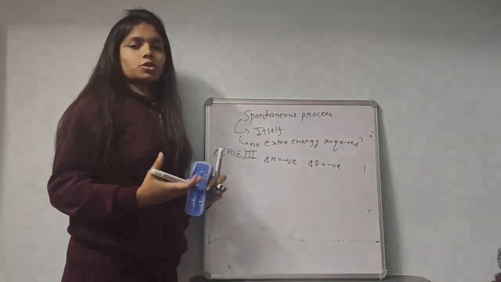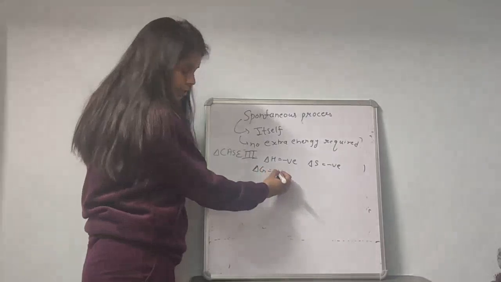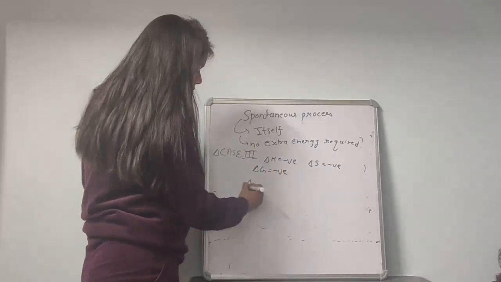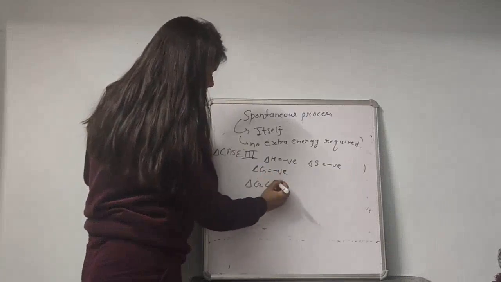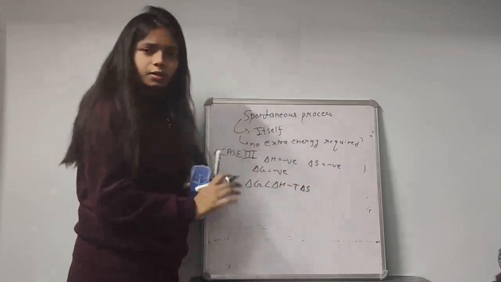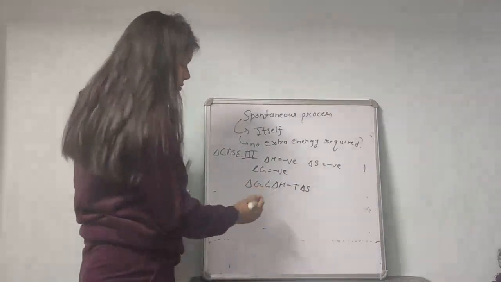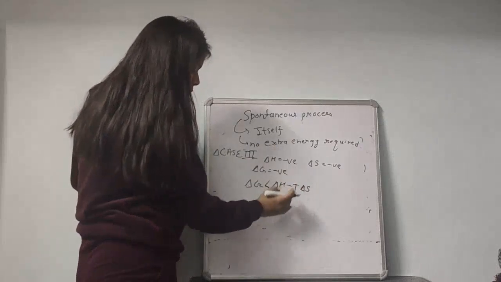If we want the reaction to be spontaneous, the G value should be negative. For that, we can write this as T delta S, so our G should be less than this value.